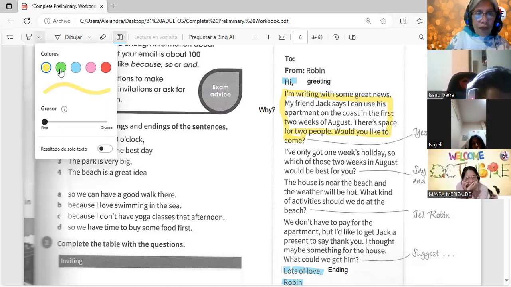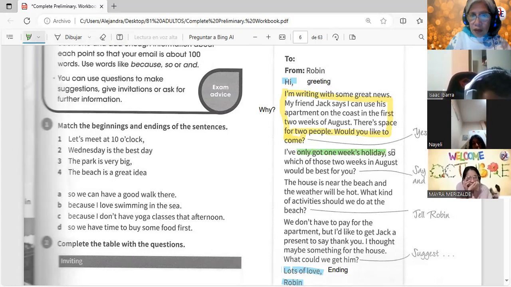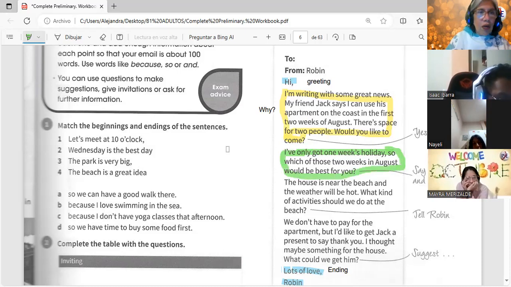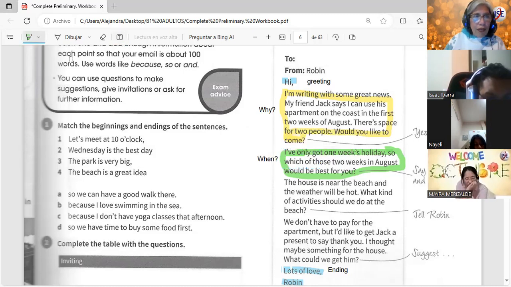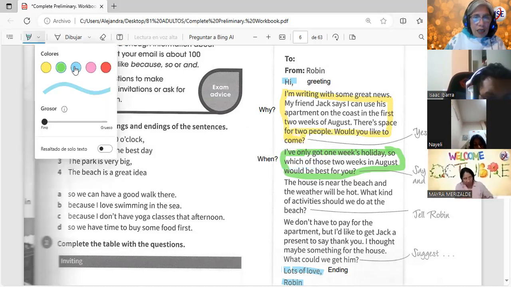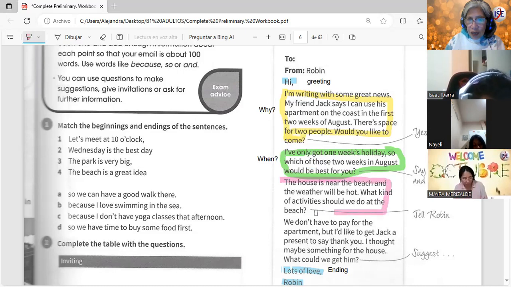Second paragraph: when. ¿Cuándo es que van a realizar la actividad del primer párrafo? Then you have, logically, the house is near the beach and so on. So we have here, where.